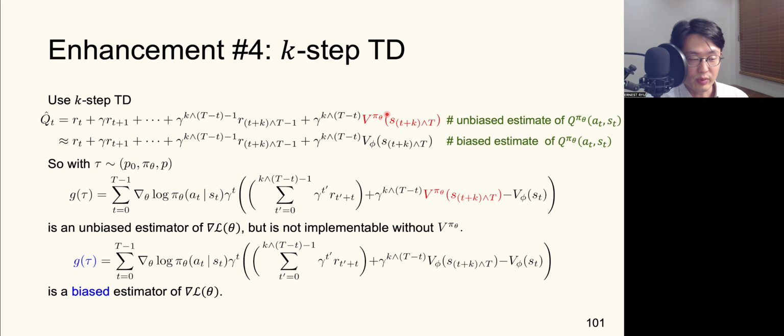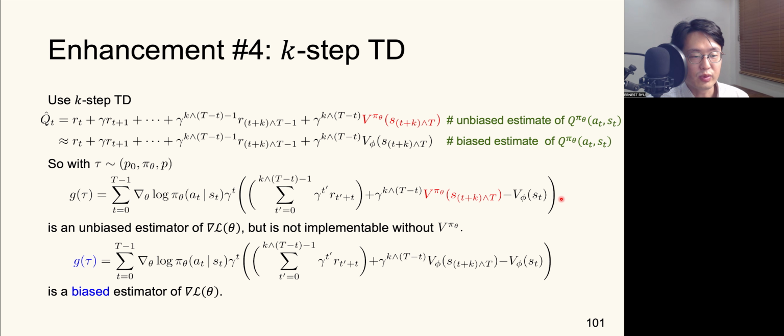If we plug this into the exact V value function, we would get an unbiased estimate of Q pi theta, but we don't have access to the exact V value function, so we instead plug it into the value network, V phi. This will yield a biased estimate of the Q value function, but the bias is more mitigated because we are considering these initial rewards, which provide an unbiased signal.